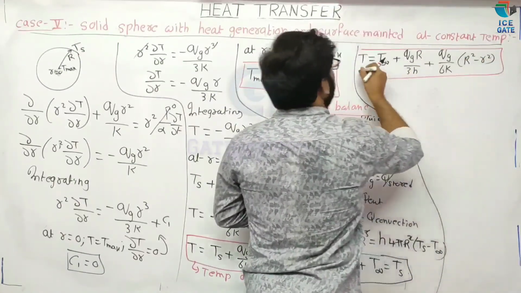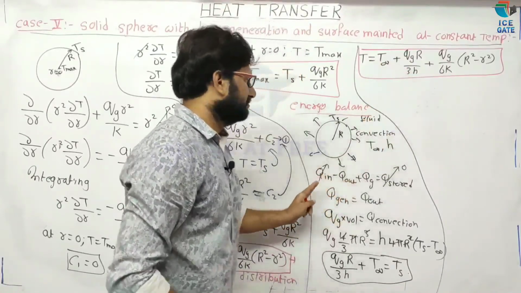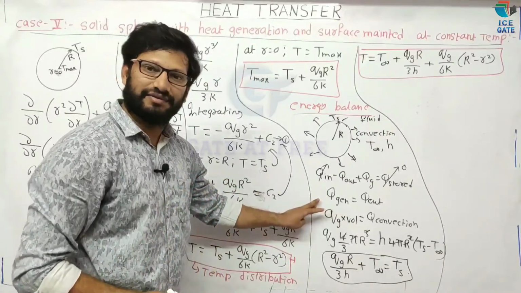This is the temperature distribution function with ambient temperature. No need to remember this, just remember the energy balance equation. It is enough from the GATE point of view. Hope you understood.